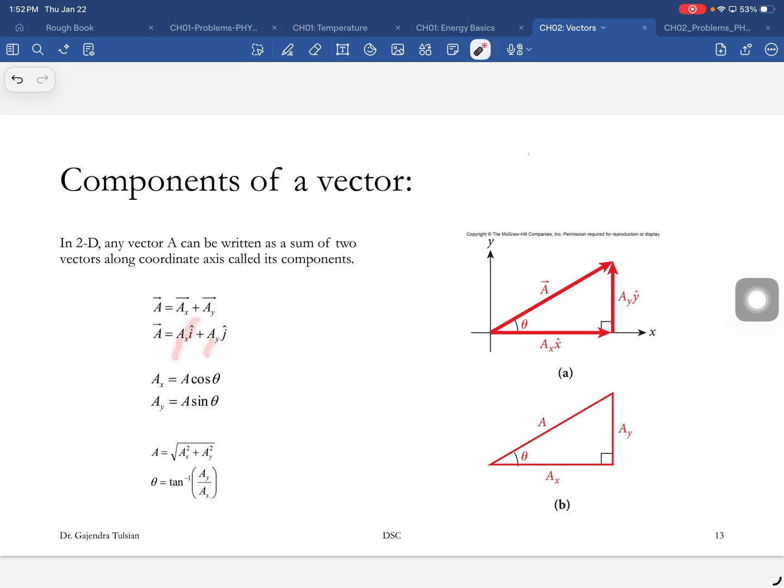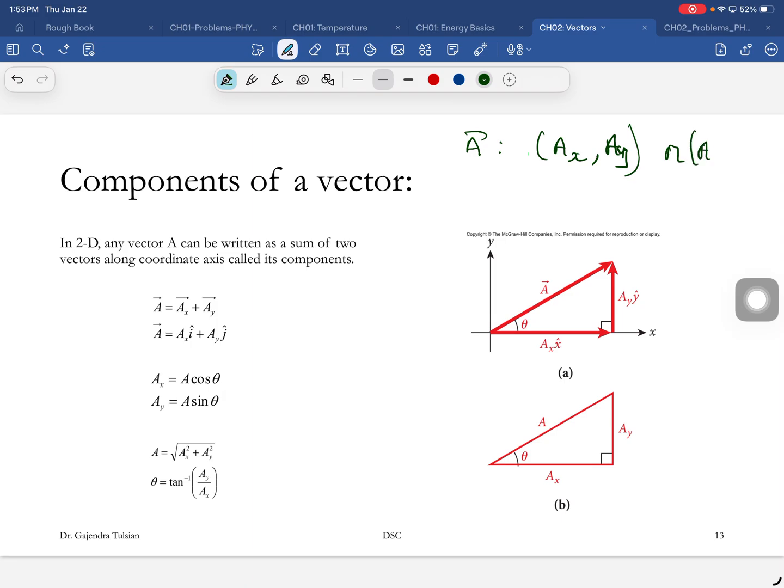So I'll make this a little more complicated. A plus 2B minus 3C, and let's say now these are three-dimensional vectors. So this would be Ax plus 2Bx... Okay, help me out with the last one.